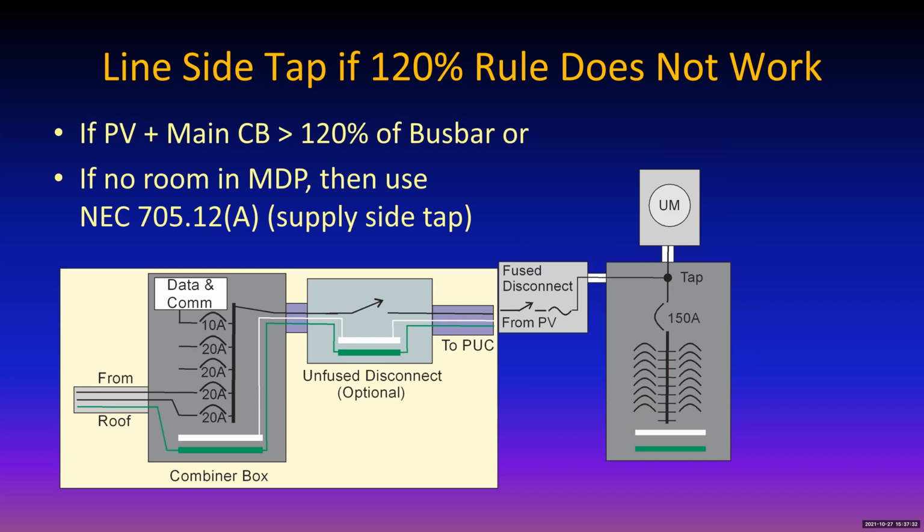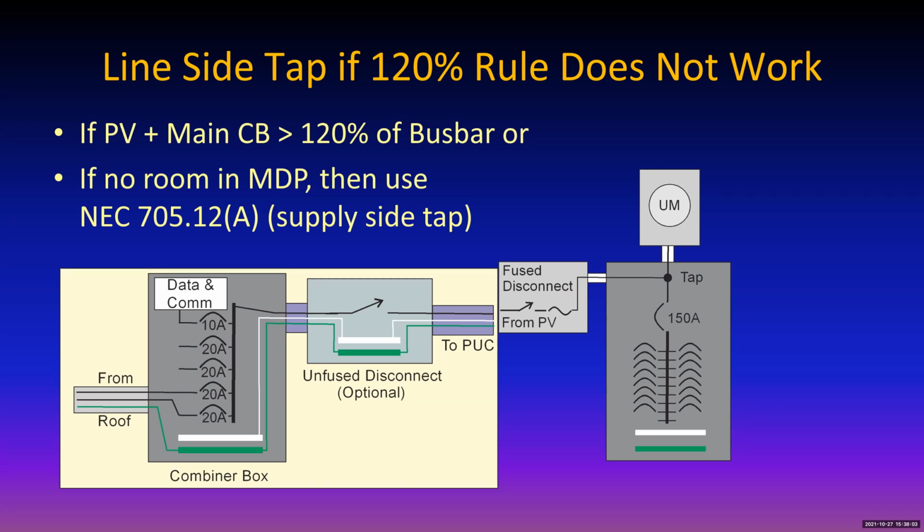Now, sometimes you can do this, sometimes you can't, because sometimes that 150 amp breaker is connected directly to the utility meter by way of a bus bar, which does not allow for any connections between the main circuit breaker and utility meter. But if you've got wires between the main breaker and utility, then you can do anything up to 150 amps tapping in on the utility side of that 150 amp breaker.